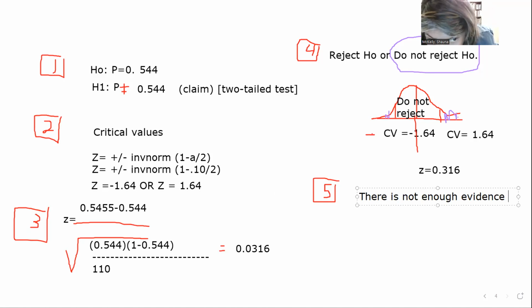So there's not enough evidence to support the claim at alpha equals 0.10 that the proportion of drivers who drove improperly is different than it was in 2009. That's how this hypothesis test works.